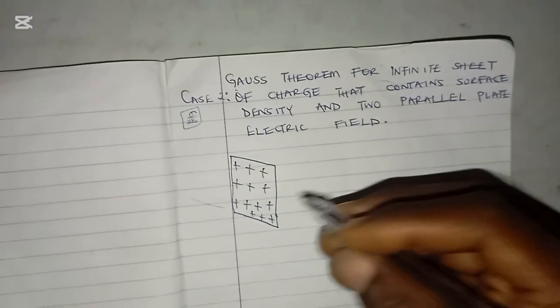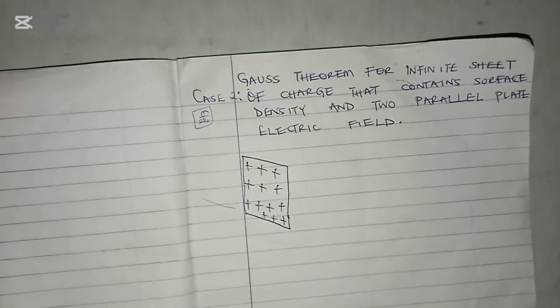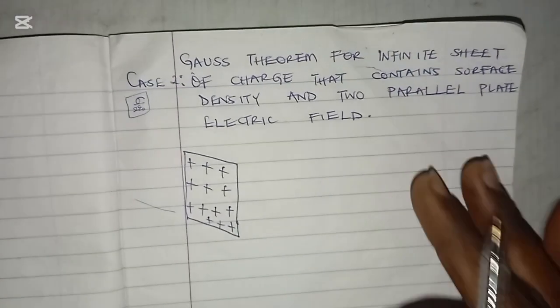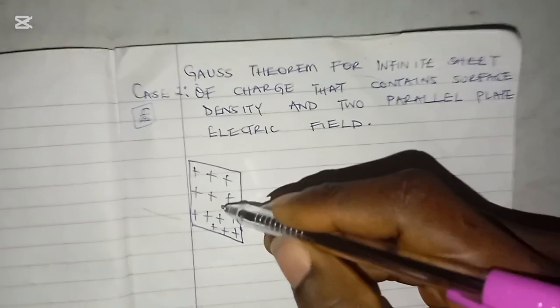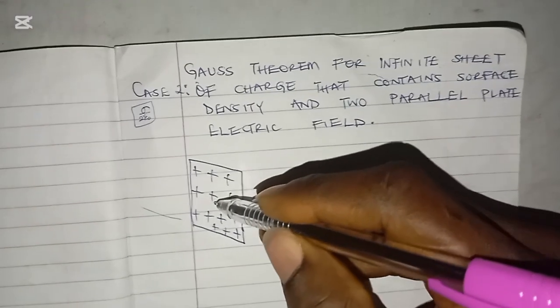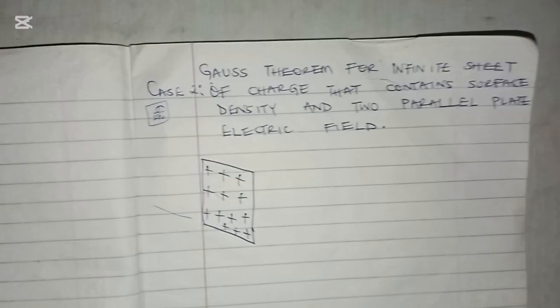So I said two parallel plane plates. Let's say I'm using a cylinder as the plates. You can choose to use anything you want. That is why, when I'm considering this one, you will see how I'll solve it. Let's say you want to use a box, no problem.